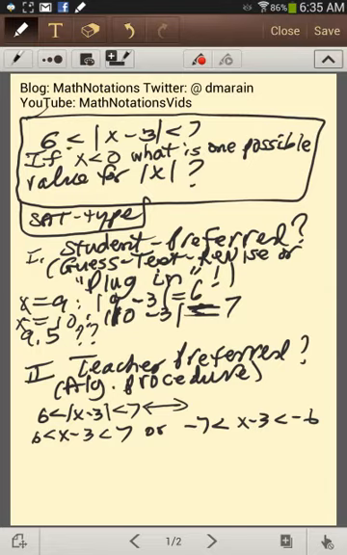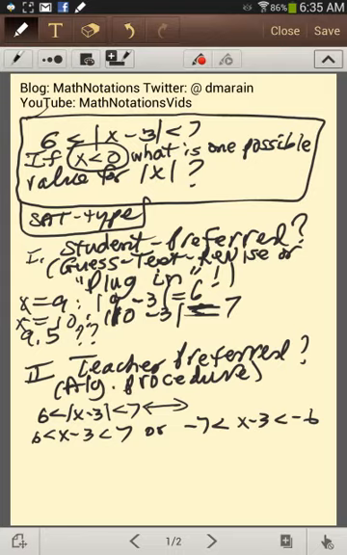And certainly this fact, or this given, was critical. Students should therefore learn to circle, underline, highlight, do whatever it takes to make sure they don't miss critical pieces of the problem. X less than 0, so 9.5 would appear to work, but it doesn't.